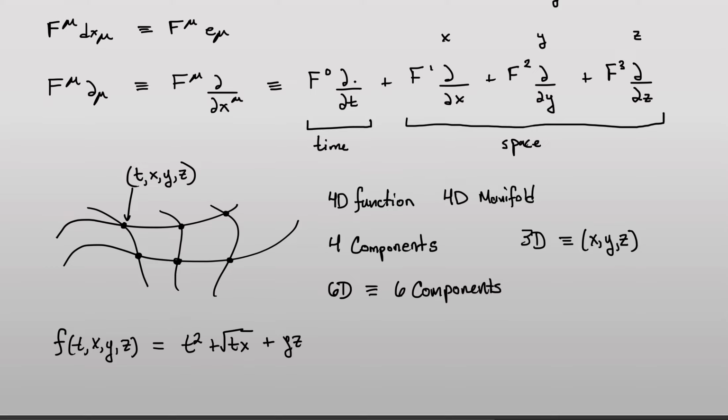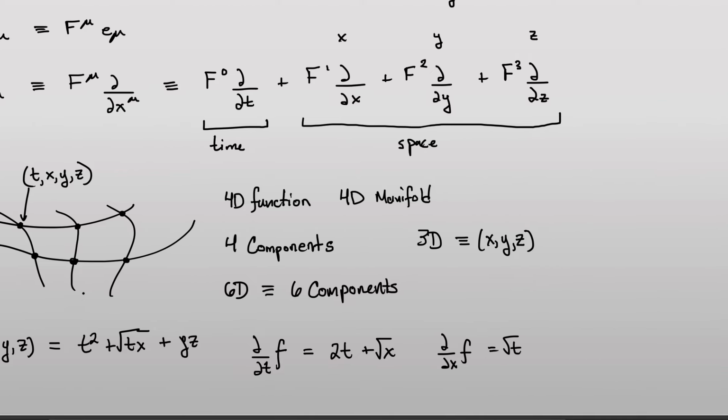Well, in this case, d/dt of f is equal to 2t plus the square root of x. Okay. d/dx of f would be the square root of t, and that's it, square root of t. And so on, we could do d/dy, d/dz.